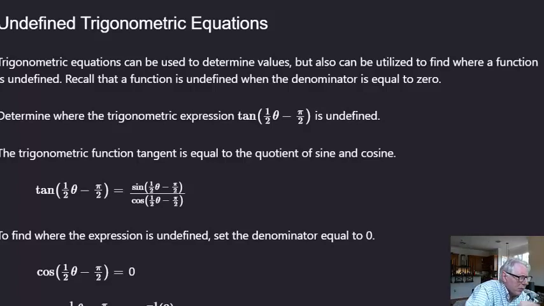And this one says trig equations can be used to determine values, but also can be utilized to find where a function is, in this case, undefined. Recall that a function is undefined when the denominator is equal to 0. And then it gives us this trig expression. Determine where the trig expression tan a half theta minus pi over 2 is undefined.